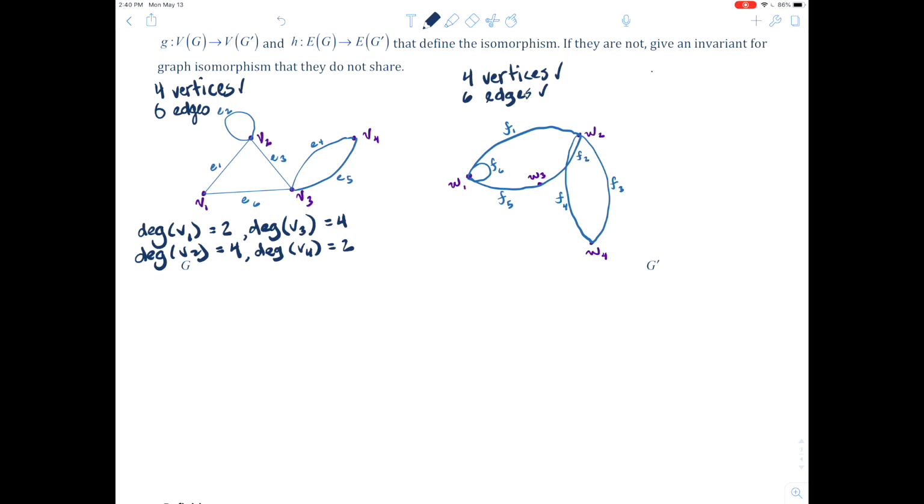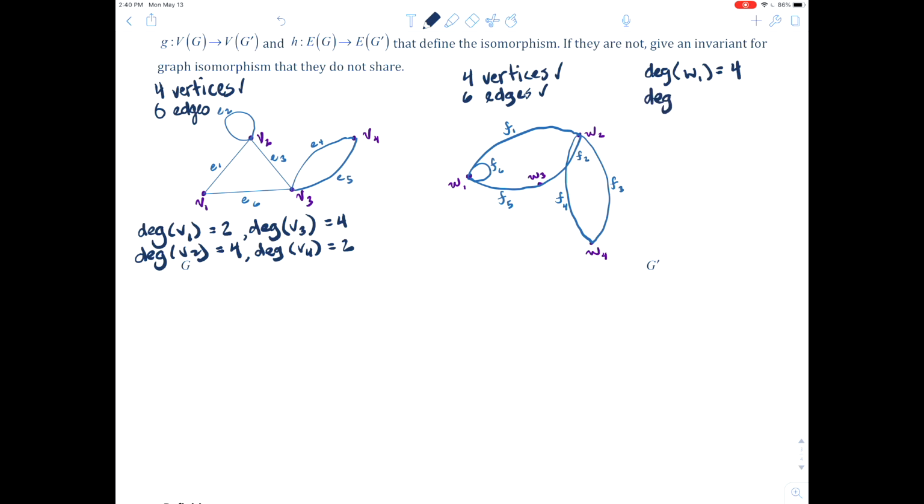So the degree for W1 is equal to, perfect, 4. You see that loop that it has? So it's got 2 edges, F1 and F5 from it, and then it's got F6 as a loop. So that degree is 4.